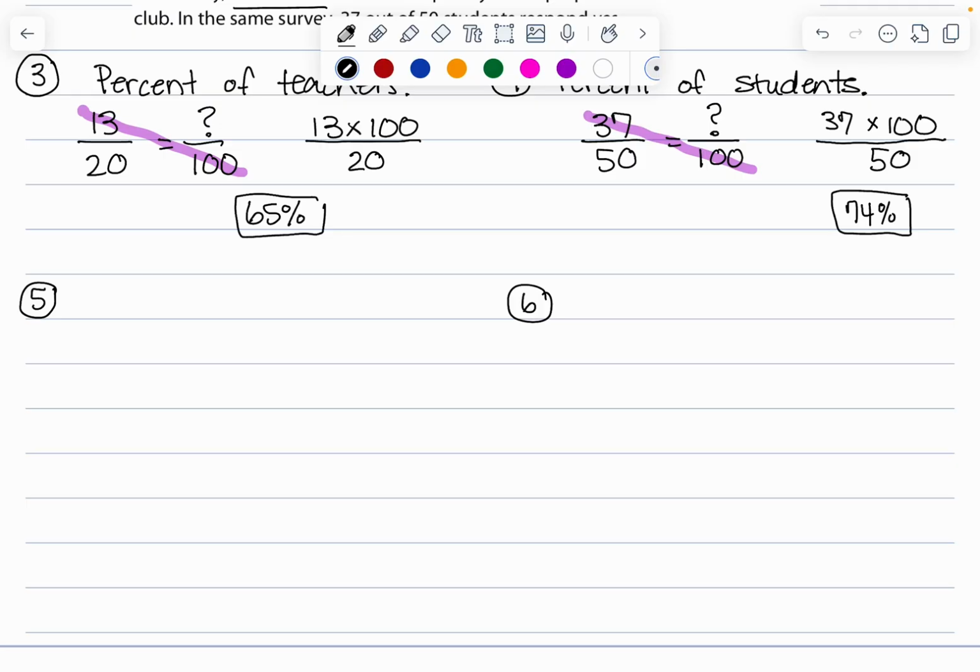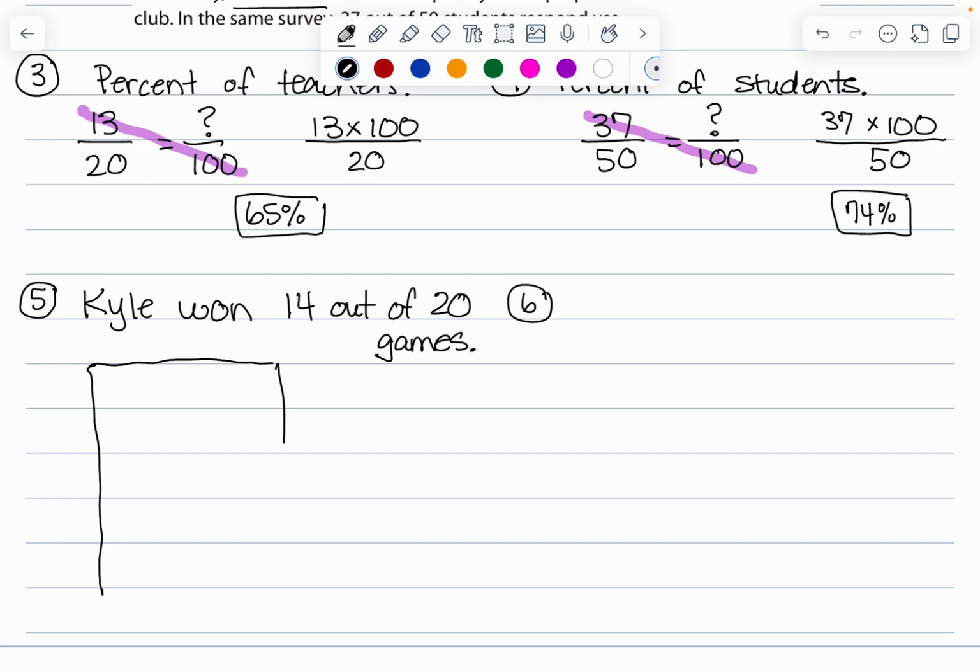Okay, so for this one, I'm going to say that Kyle won 14 out of 20 games. And we're going to look at finding his percent. When I set it up, I like to use a table.